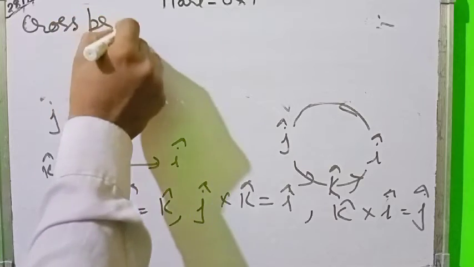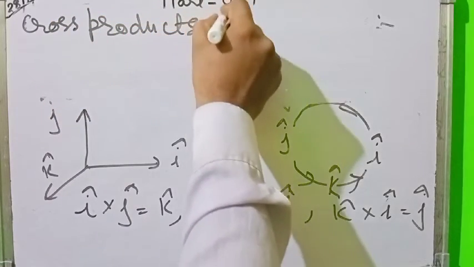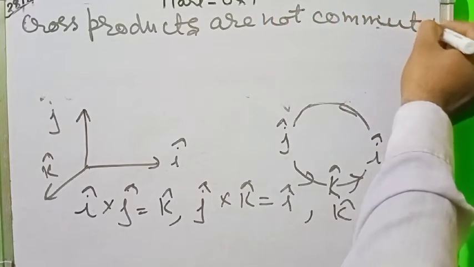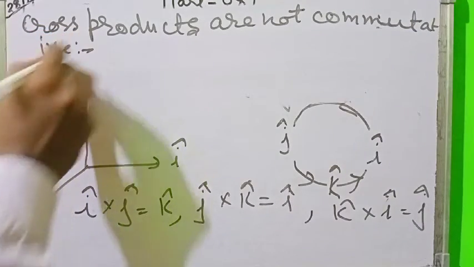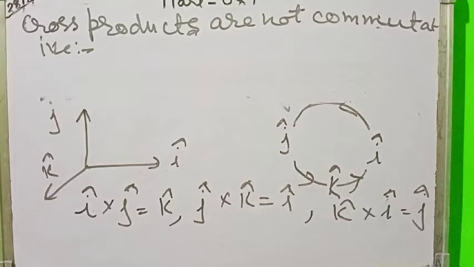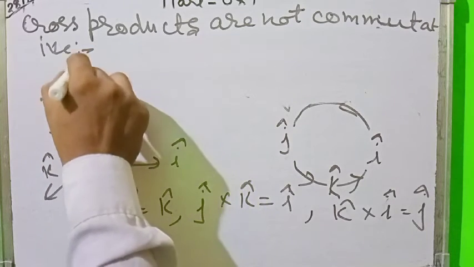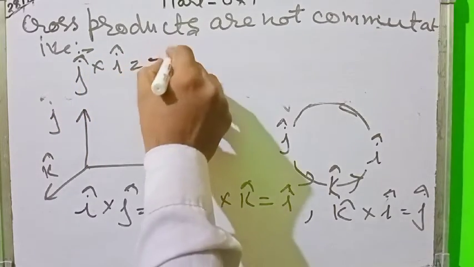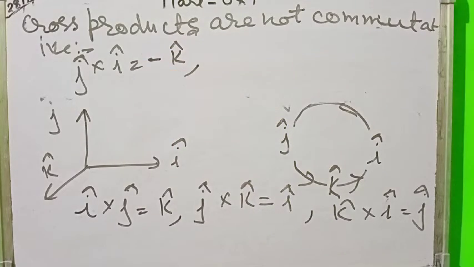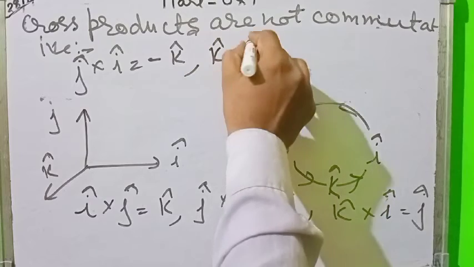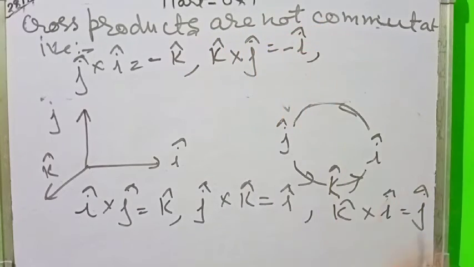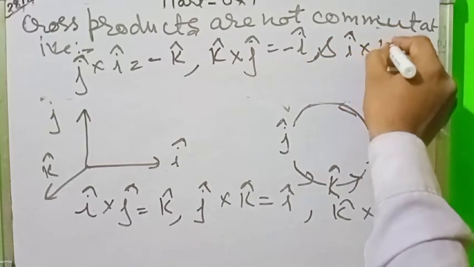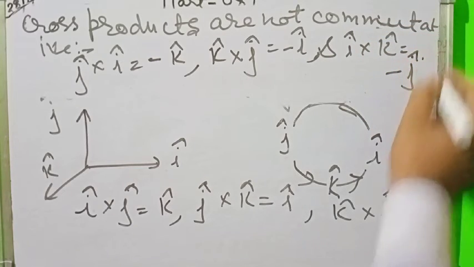Since cross products are not commutative, j cap cross i cap will be equal to minus k cap. k cap cross j cap is equal to minus i cap, and i cap cross k cap is equal to minus j cap.